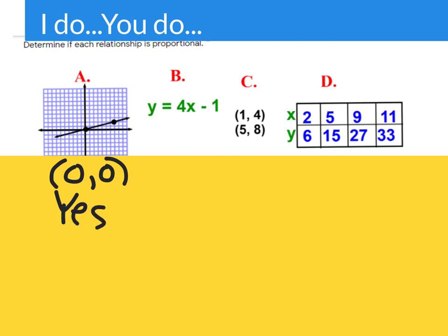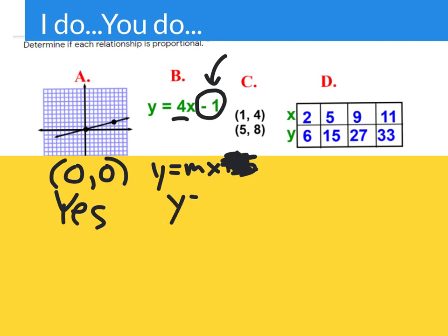B, as an equation. As an equation, it needs to have a constant rate of change, which it does, right? And it can't have a b or a y-intercept. I call that your mama's ex-boyfriend, just to get people to remember it. If it's proportional, there will be an understood b of 0, because remember, that b stands for where it hits the y-axis.